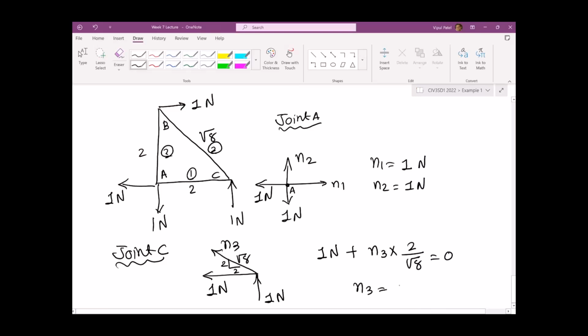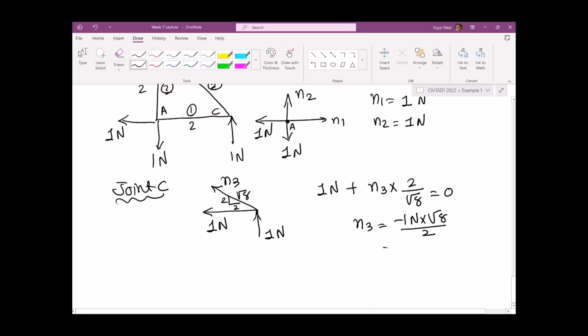So n3 equals minus 1 newton times square root 8 over 2, which is minus 1.41, compression. Right, so n1 and n2 are in tension, and minus 1.41 is compression.